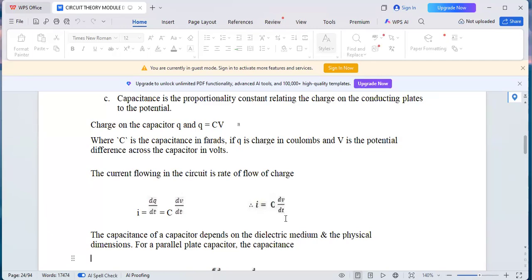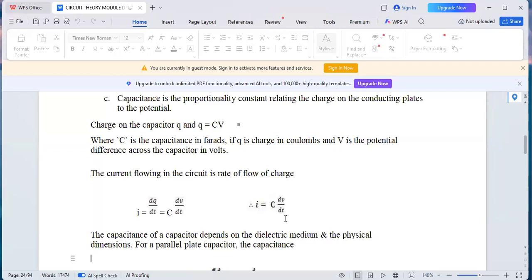The capacitance of a capacitor depends on the dielectric material. Please note this. The capacitance depends on the dielectric material and the physical dimensions.